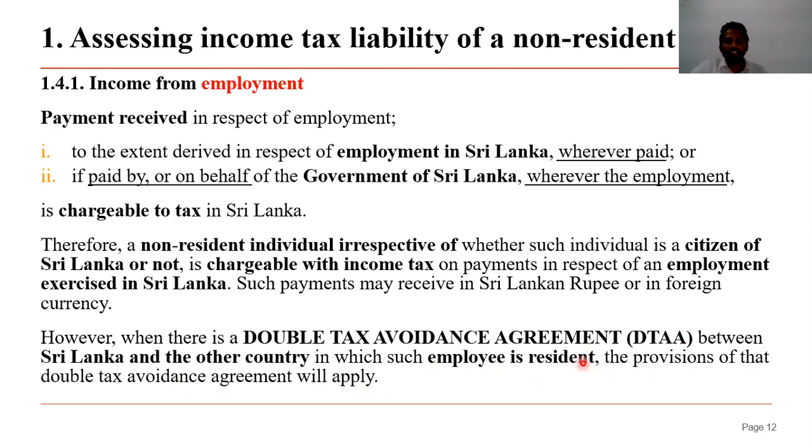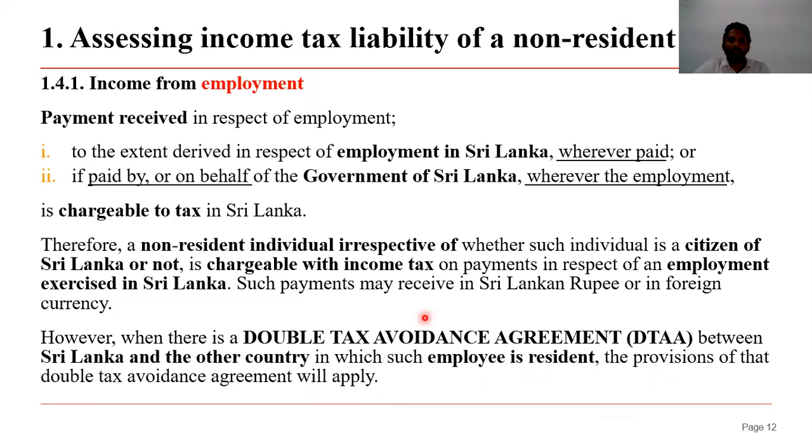Let's assume we have a double tax avoidance agreement with that particular country where the employee is resident. Then we need to determine the residence under the DTA, as we discussed. In the case of employment, it is dependent personal services under employment; you need to refer to the dependent personal services article.